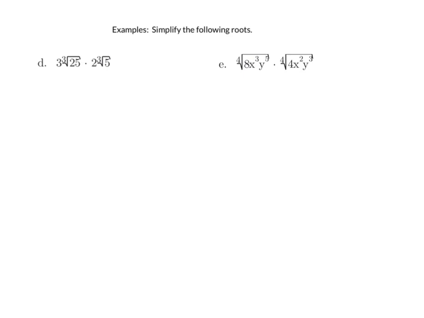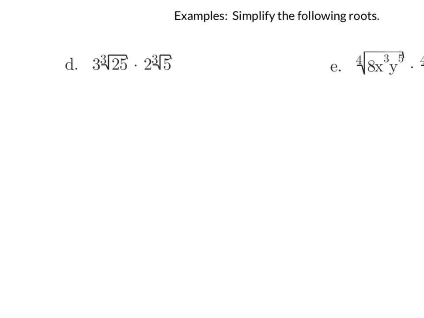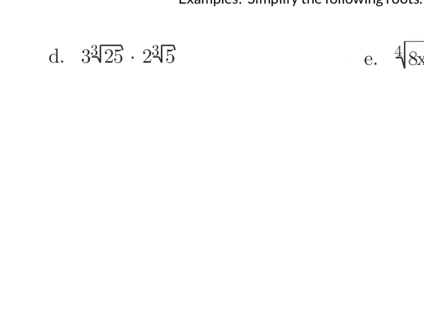So this first problem we have is 3 cube root of 25 times 2 cube root of 5. So the first thing that we're going to do is I want to go ahead and multiply my outside numbers. Everything here is being multiplied. We get 3 times 2 is 6. And then I can multiply my inside numbers.